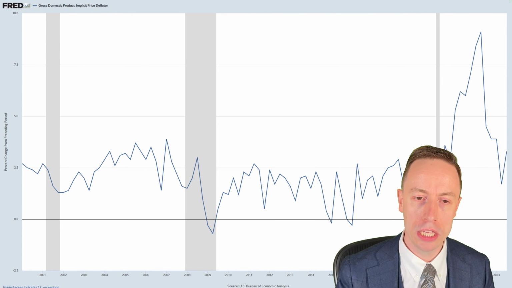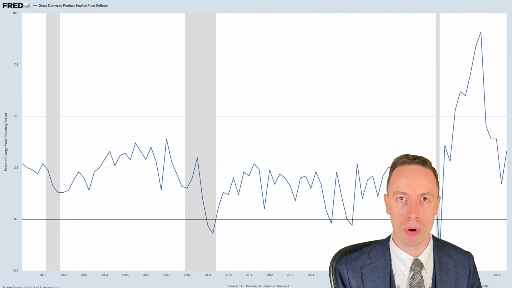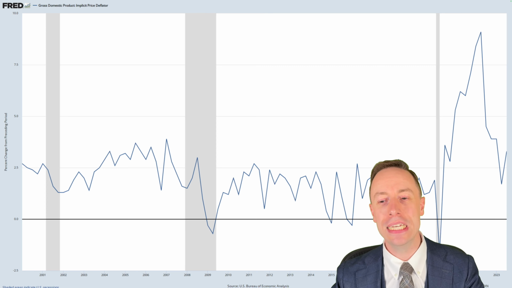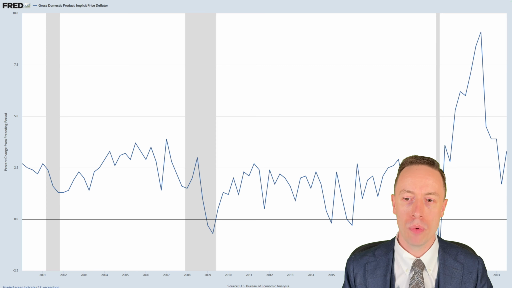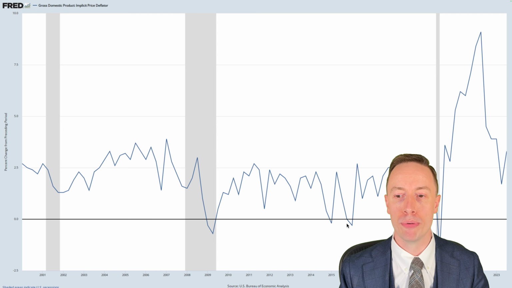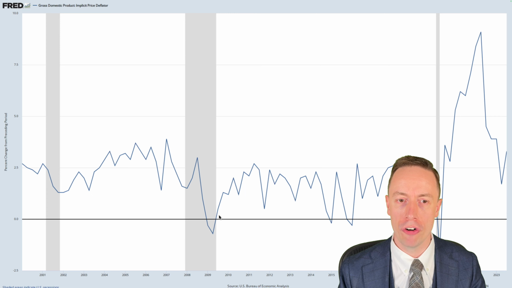But more commonly, we refer to falling prices as deflation. And while we had a couple of brief dips there, really the one sustained amount of deflation we've so far had in the 21st century is our financial crisis right there in the year 2009.